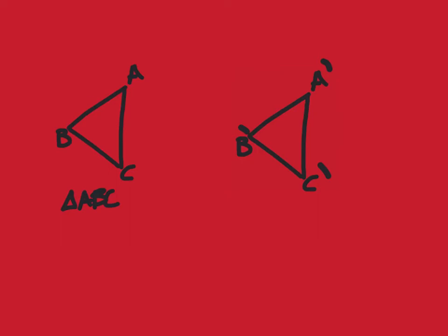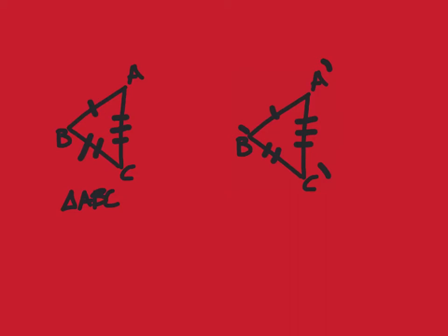line BA is congruent to line B'A'. Line BC is congruent to line B'C'. And line AC is congruent to line A'C', along with all of the angles in the triangle.